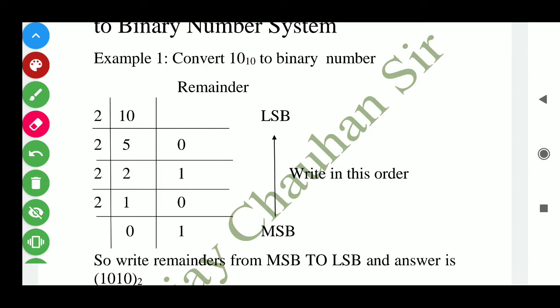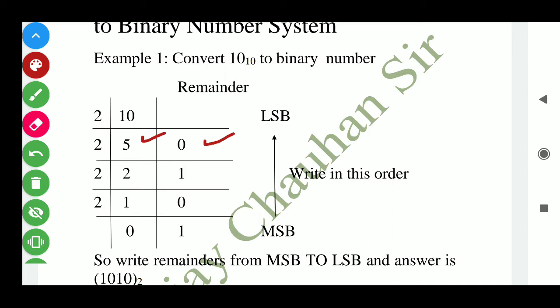So 2 5s are 10, quotient is 5. Write this 5 here, and remainder is 0. Write this 0 here, and draw these lines, that is better. Then when quotient is 5, again divide this 5 by 2.